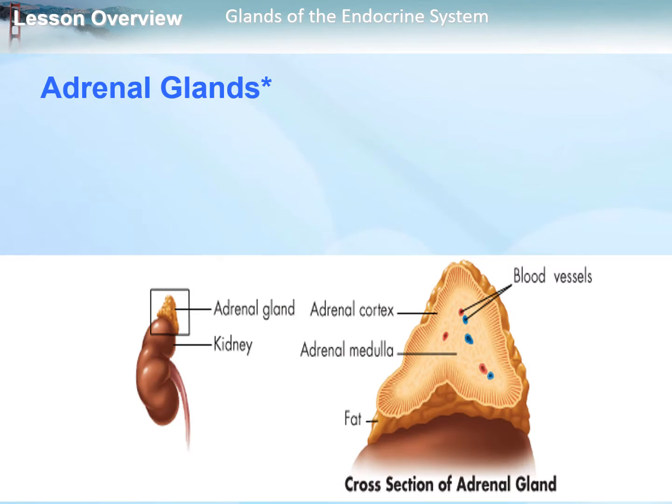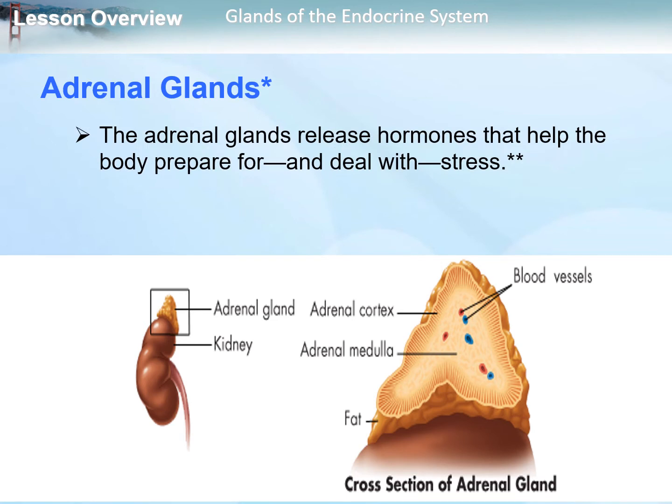The adrenal glands are pyramid-shaped structures that sit on top of the kidneys. As you can see on the figure, you have the kidney on the left side of the diagram, and on top of it you have the adrenal gland, which is enlarged in the right side image.